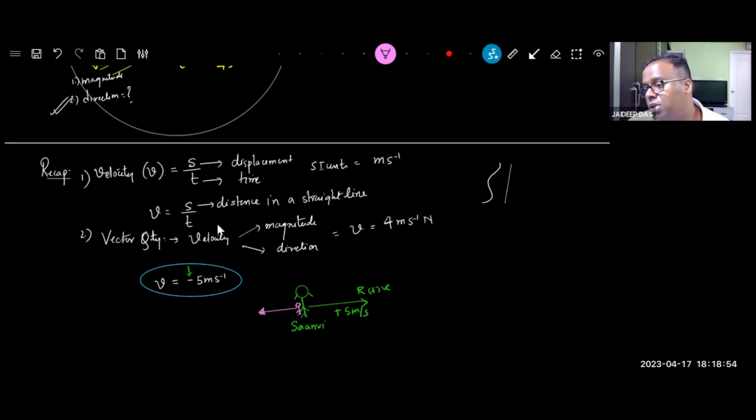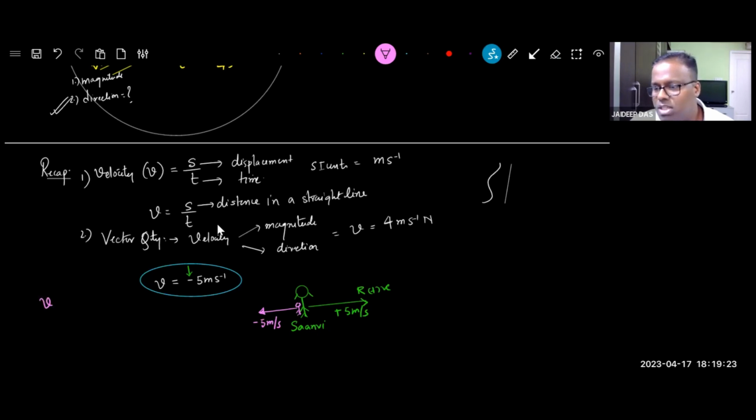So the speed was same. I'm not saying the velocity was same, because if the velocity was same, the younger sister also should have gone this direction, but she did not go this direction. Therefore, what is same? The speed part is same. Only the magnitude part is same. So her younger sister goes this way with the same speed. So she is traveling at a velocity of -5 meters per second.